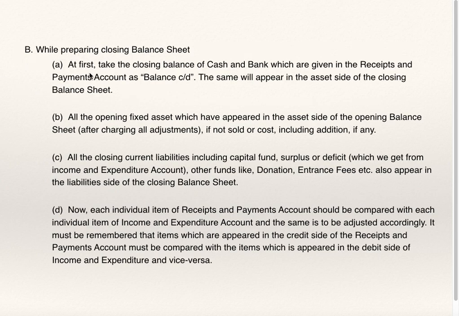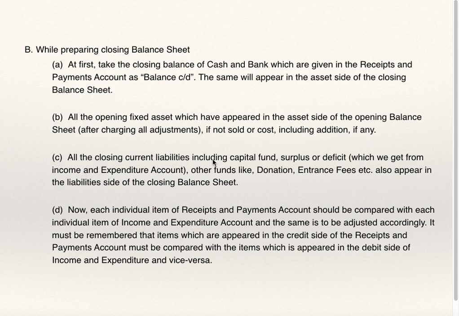While preparing closing balance sheet, at first take the closing balance of cash and bank which are given in the receipt and payment account as balance carried down. The same will appear in the asset side of closing balance sheet. All the opening fixed assets which have appeared in the asset side of opening balance sheet, after charging all adjustments, if not sold, or at cost including addition if any.